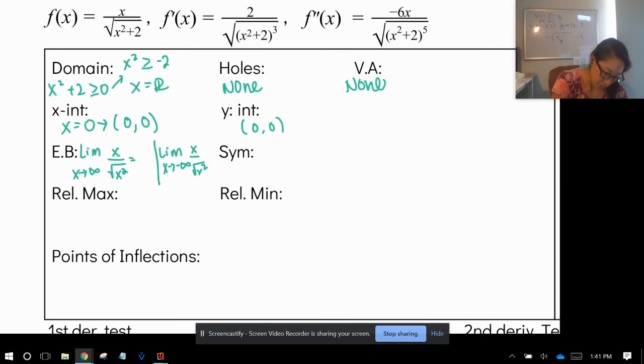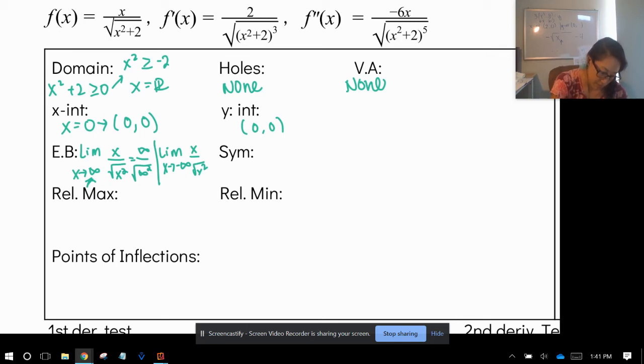So as x goes to positive infinity, that's a really large positive number, it's basically positive infinity over infinity squared, and then you take the square root. So I get a positive divided by a positive.